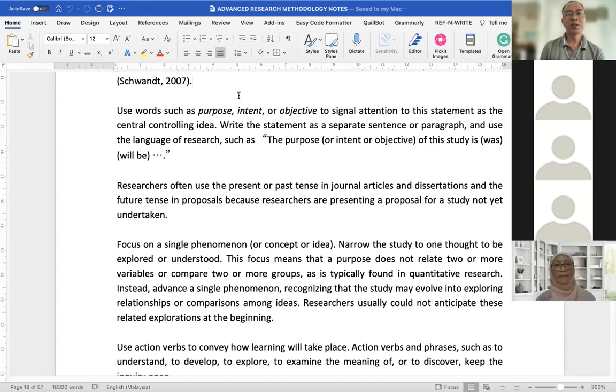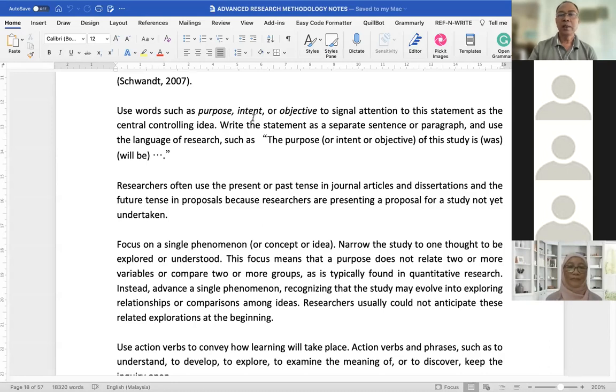Quantitative research uses what we call the deductive approach. The deductive approach means the researcher comes up with a theoretical framework, collects the data, analyzes the data, and then tries to show that the data either supports the theory or does not support the theory.